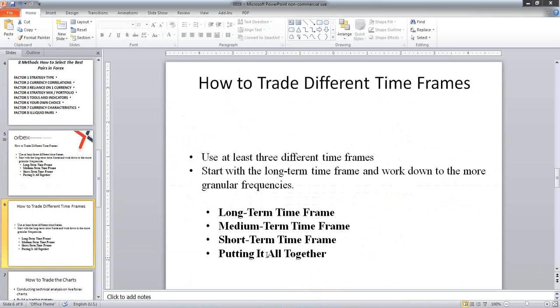Basically, some people would just go directly to their 4-hour chart and start their analysis right there. I usually do a multiple time frame analysis, which means monitoring the same currency pair, which right now is pound yen, across different frequencies or different time compressions.